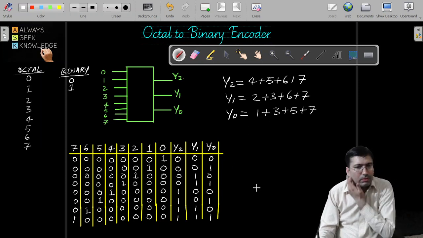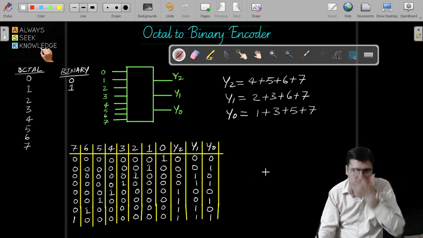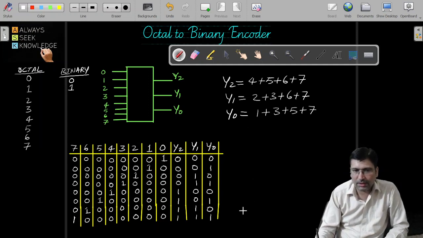Now if we want to draw the circuit for this, we have different lines.